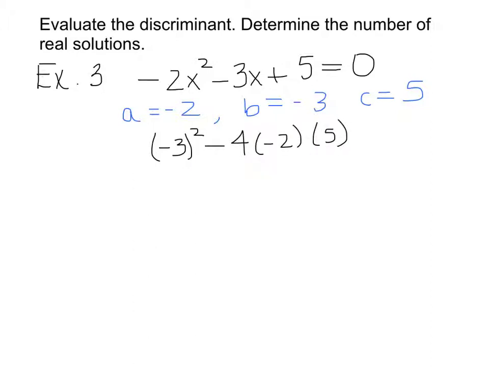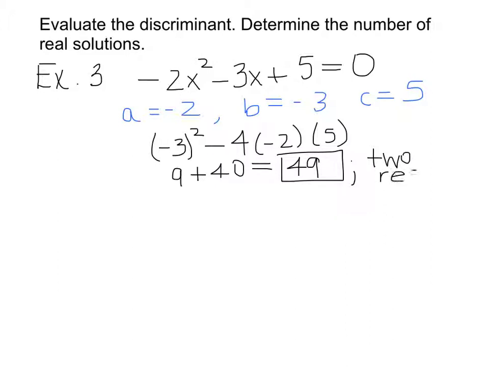It is very important that you put your values in parentheses so you won't mess anything up. So you're going to get 9 plus 40 equals 49. So since it is positive, that means you're going to get 2 real solutions, which means it's going to have 2 x-intercepts.